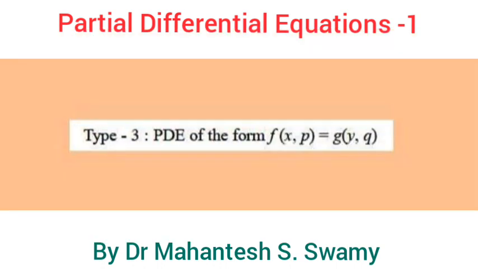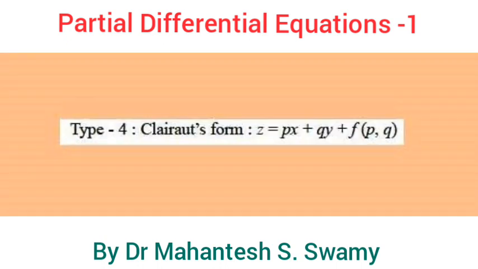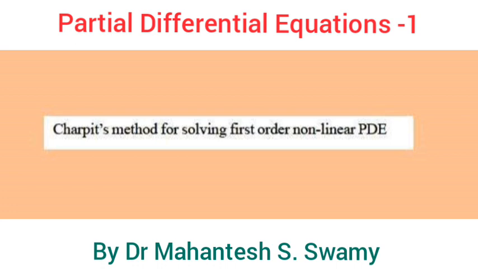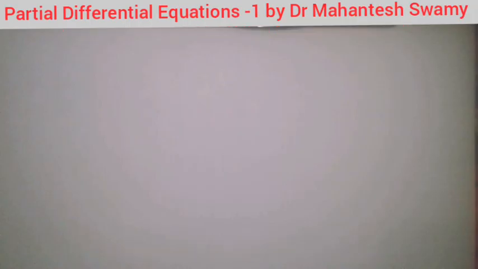Type 3, that is f of x comma p equal to g of y comma q form, and type 4, the Clairaut's equation, that is of the form z equal to px plus qy plus f of p comma q. And at the end we will consider one most important method of solving the non-linear PDE of the first order, and the method is known as Charpit's method.